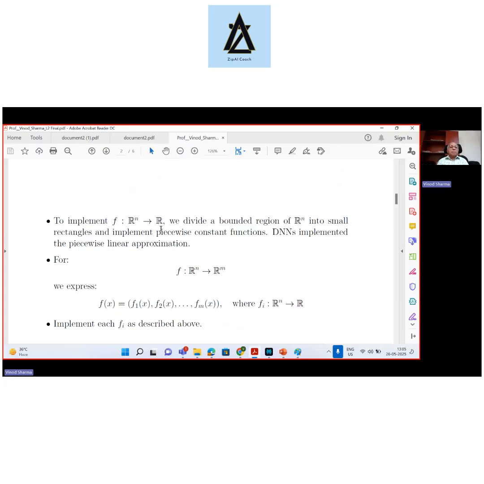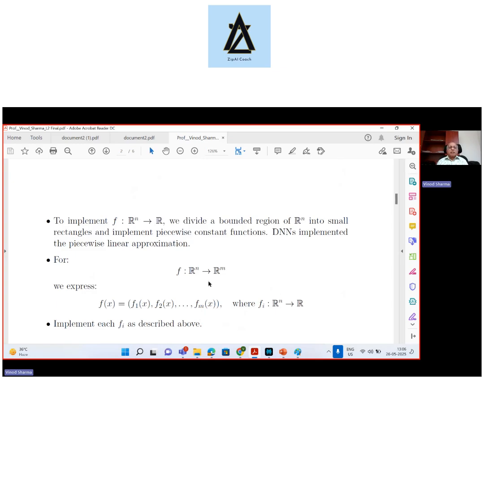So once we can implement this approximately via a neural network, finally we come to a function f from R^n to R^m. Now this function can be written as f(x) equal to (f1(x), f2(x), ..., fm(x)). So f is basically made up of m functions of type R^n to R. And each f_i, as we have explained here, can be implemented by a neural network.